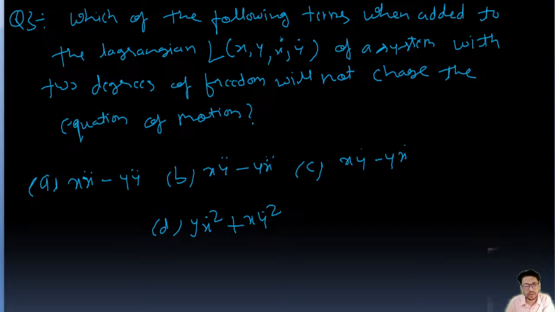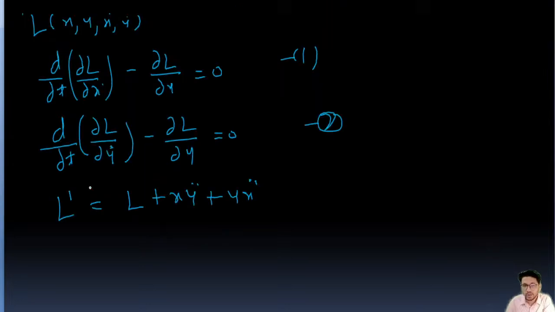So according to the question, we need to check whether it is going to change the equation of motion or not. The new Lagrangian is going to be L dash, that is L plus x y double dot plus y x double dot.